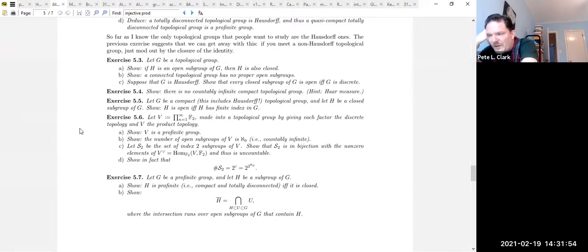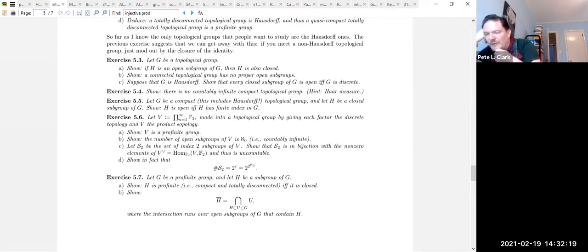There are some obvious open subgroups, right? So if I take the subgroup that consists of 0, 1 in all factors but one, and then in the last factor I require the coordinate to be 0, then that's an index 2 subgroup. Okay.